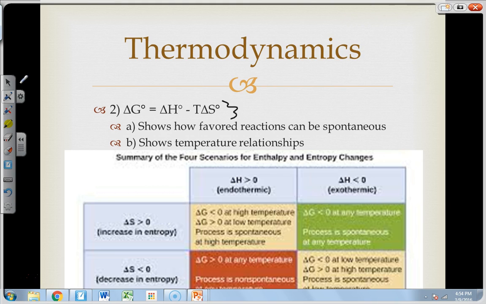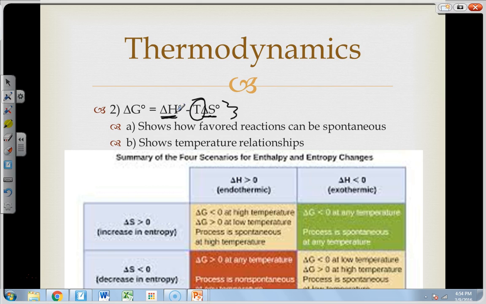This tells us how those reactions that we've determined are products favored or reactants favored can be spontaneous, and it also shows the temperature relationships. So that's three things that we're worried about: delta H, the enthalpy, delta S, the entropy, and then the temperature. That's what makes this so powerful.